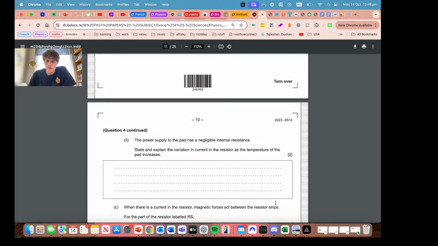I believe the diode bridge is some half-wave rectification. So we're going to see 1, 2, 3, 4.